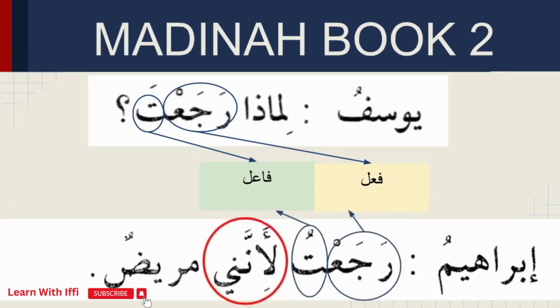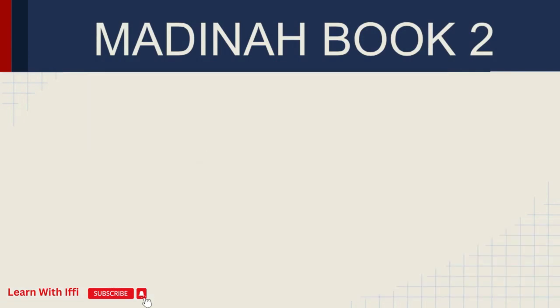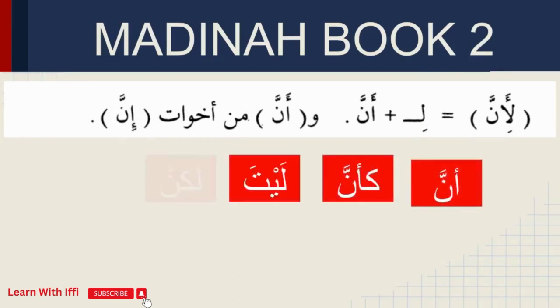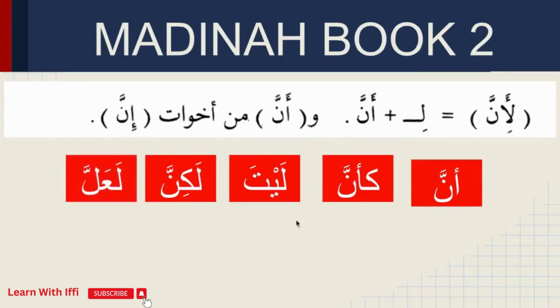So what is li'annani? We're going to learn li'annani. Li'anna is constructed using harf jar li and anna. So we know anna is min akhawatu inna. So inna has got 5 sisters. Anna, inna, ka'anna, laita, lakinna, la'alla. We have done 3 before. We have done ka'anna, it looks as if. We've done lakinna, which means but, and la'alla, hope or fear.